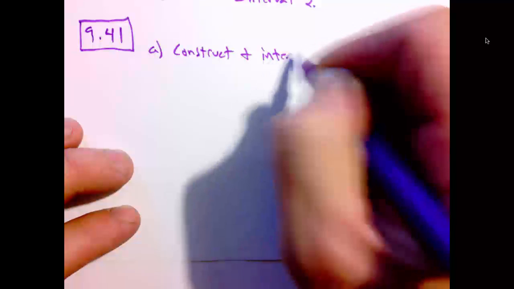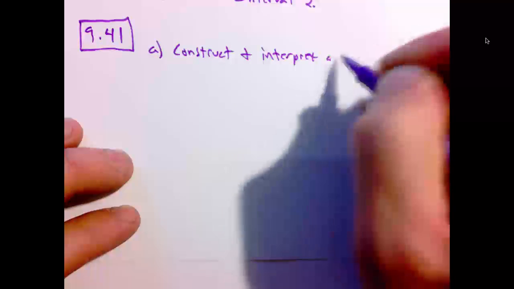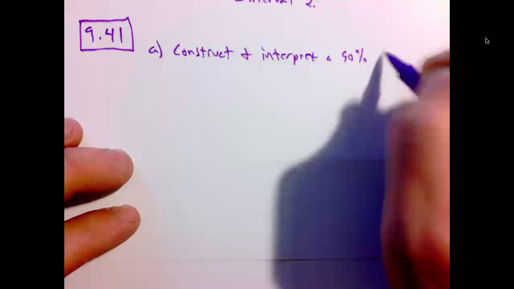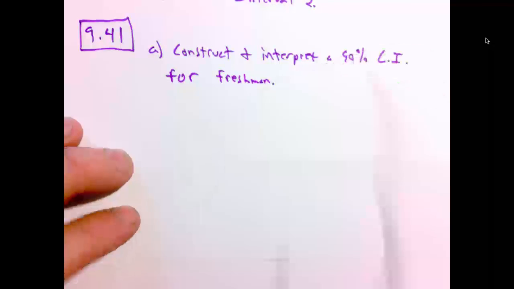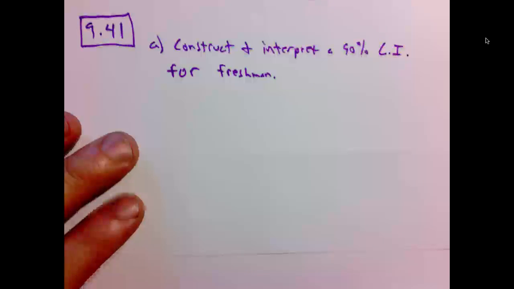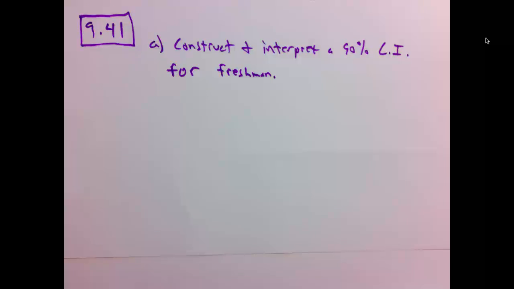Construct and interpret a 90% confidence interval for freshmen. Okay, well, I'm going to begin with my generic formula.